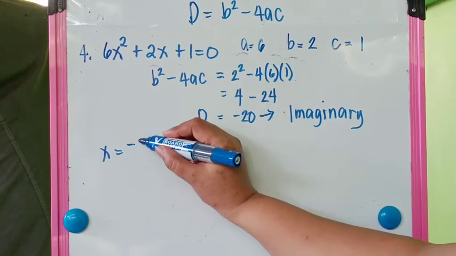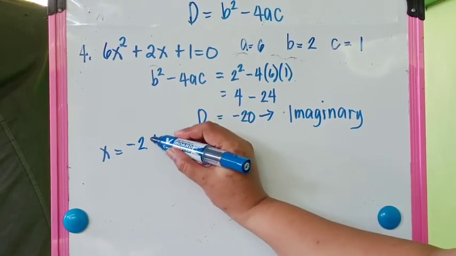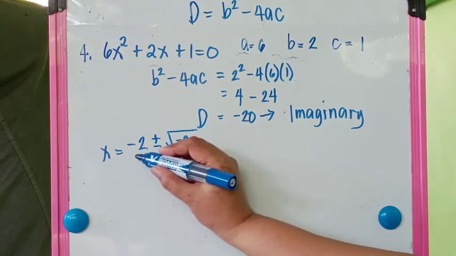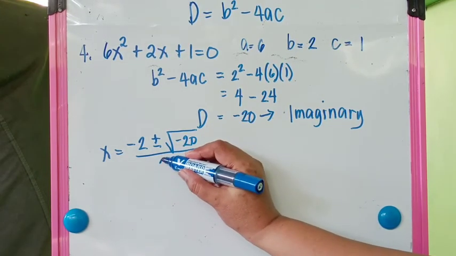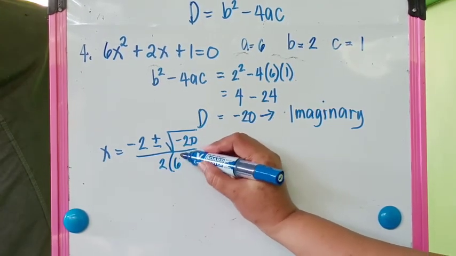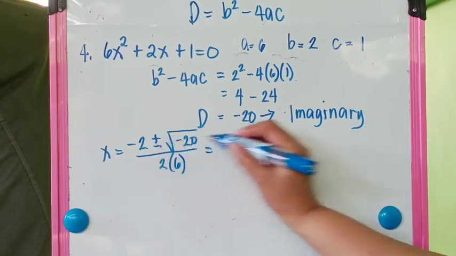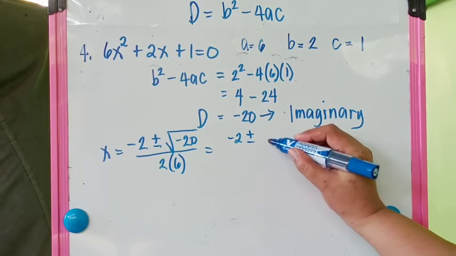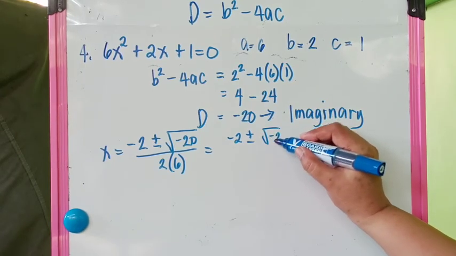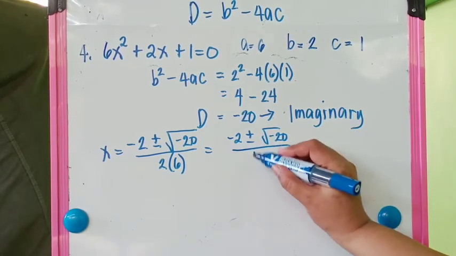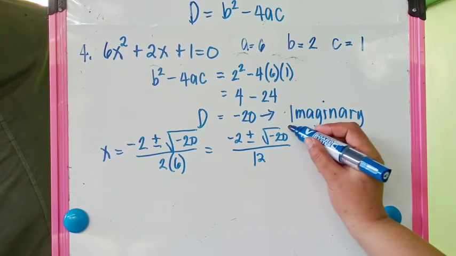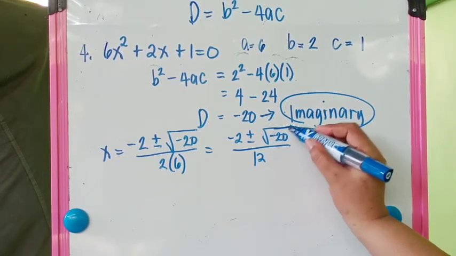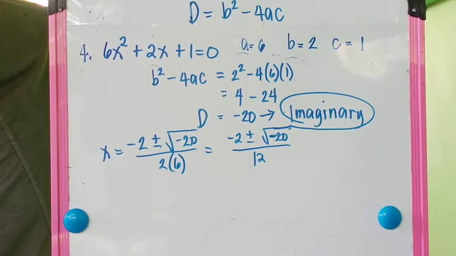So negative 2 plus or minus the square root of negative 20 over 2 multiplied by 6. So we have negative 2 plus or minus the square root of negative 20 over 12. Imaginary because the radicand here is negative.